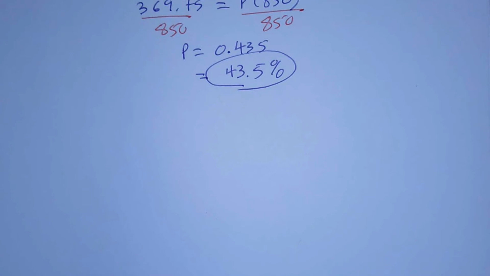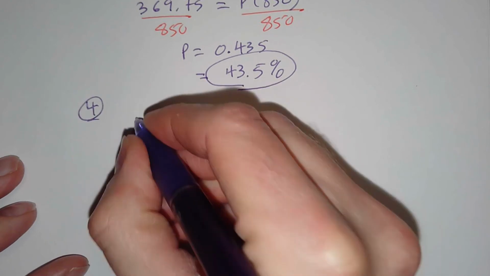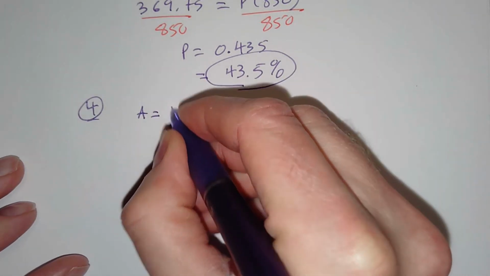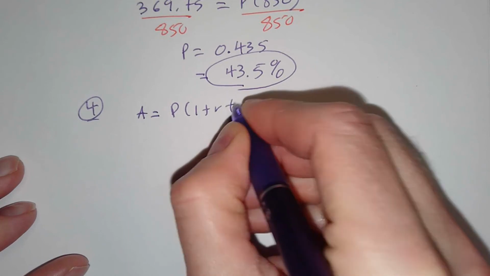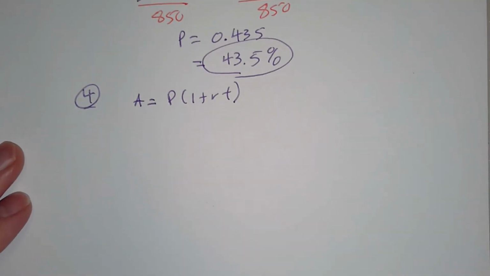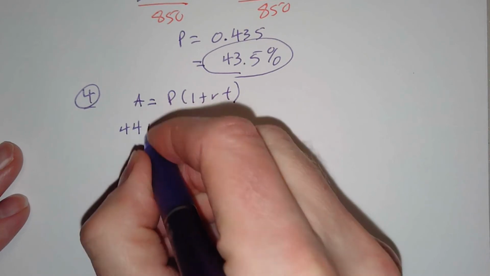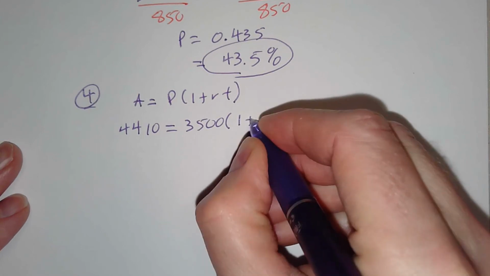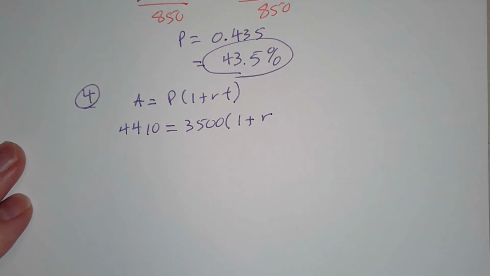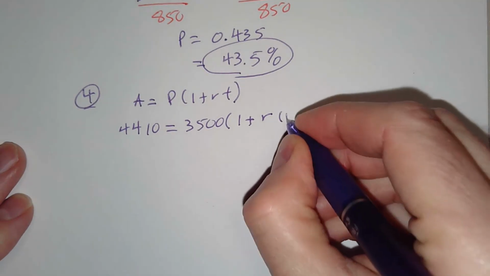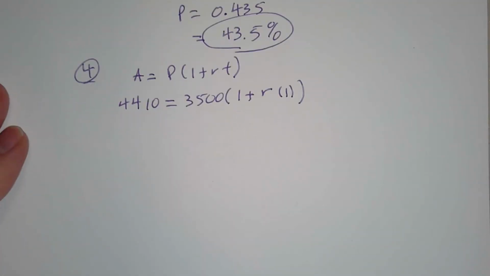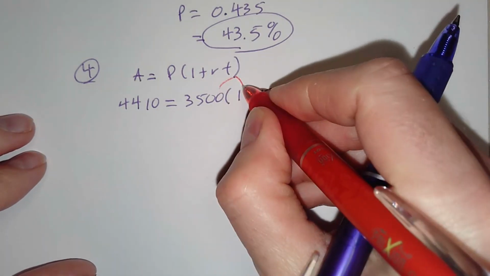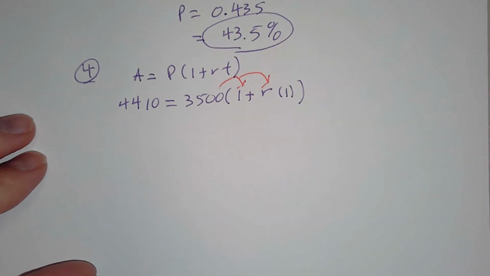So let's go ahead and write that formula down. Our A value here was $4,410. P was $3,500, times 1 plus R, which we don't know and are trying to find out, times T, which here is 1 year. Now we just treat this like we're solving an equation. So we would first go ahead and distribute to both terms.